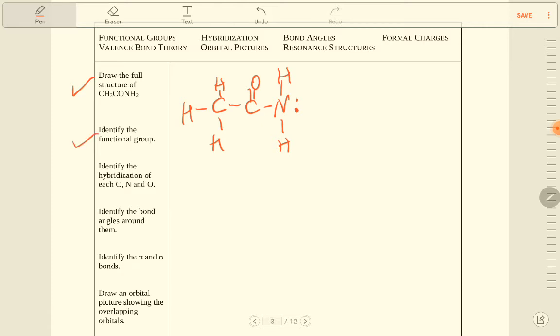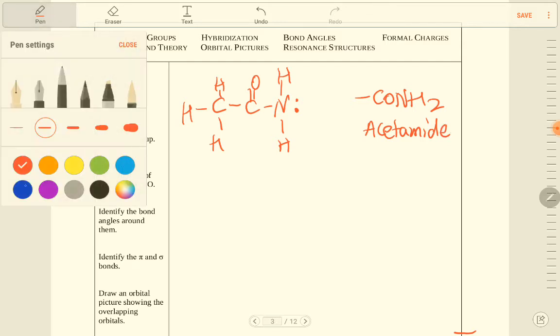The functional group is CONH2, and that is the acetamide group. And we need to identify the hybridization.